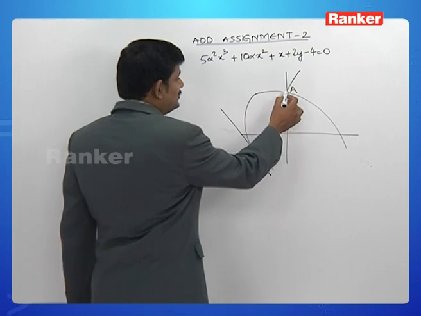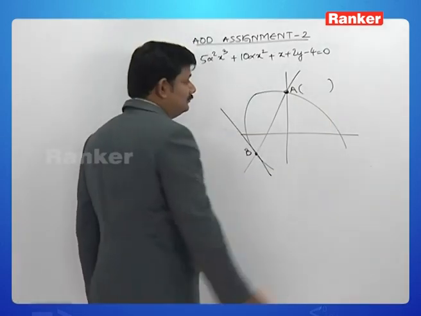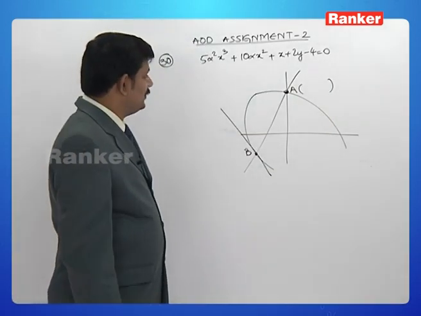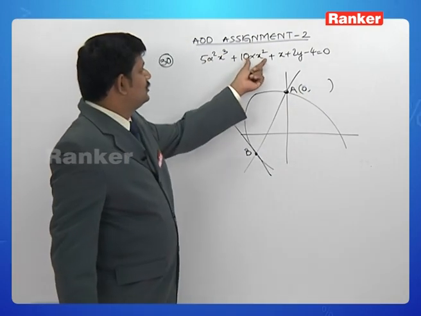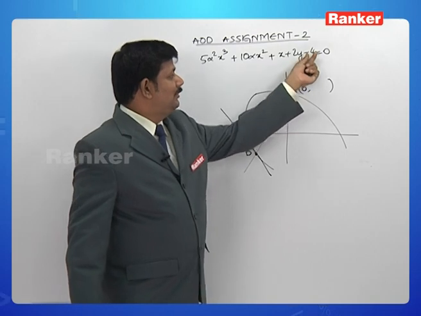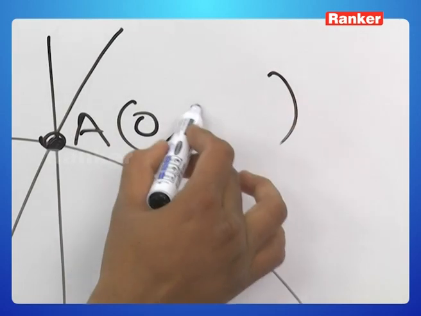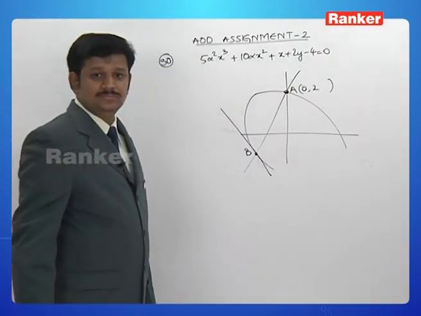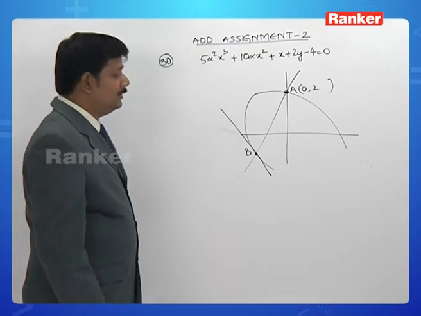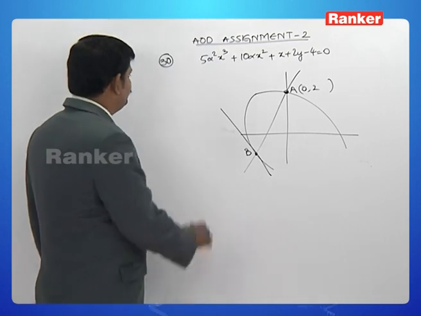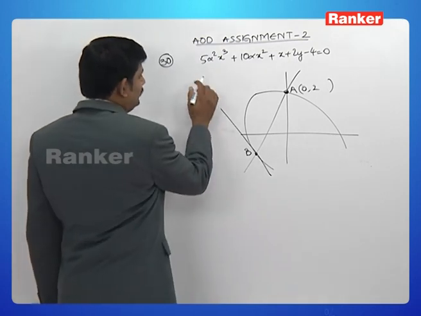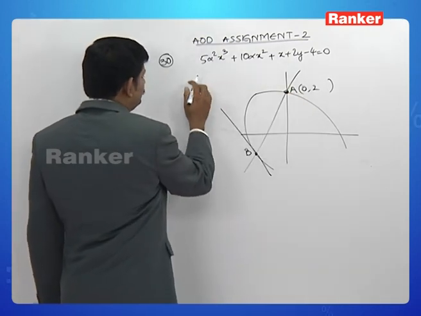So, A is a point where the curve is cutting the y axis. For a point on the y axis, the x coordinate is 0. Putting x equal to 0, all this is 0 and y is equal to 2. So, A is the point 0 comma 2. Let us find the equation of the normal at A. For the normal at A, we know the point.